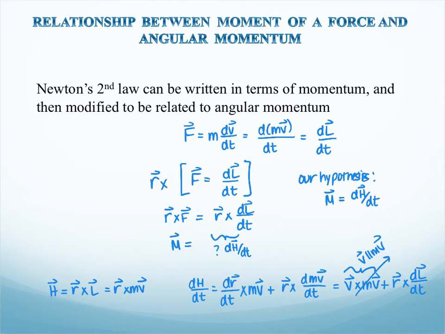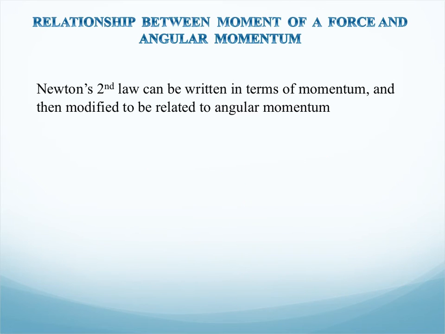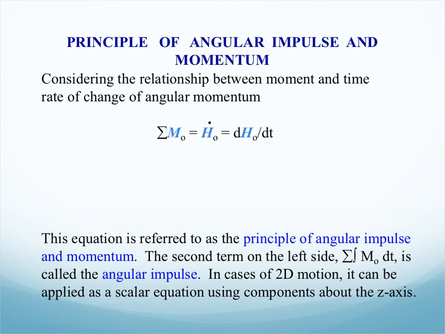Their cross product would be 0 because they're parallel vectors. And so indeed, it is true that the moment is equal to the time derivative of the angular momentum, just as we hypothesized. All right, I should have had more room, so let's move on.